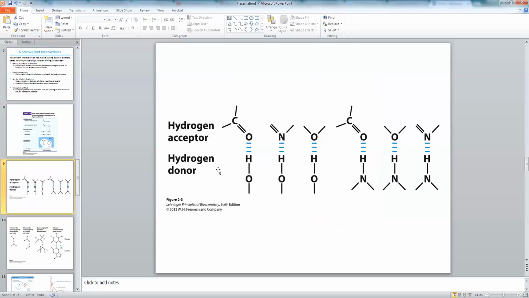And so here you can actually see several examples of both hydrogen acceptors, which is the lone pair on a more electronegative atom than hydrogen, and then our hydrogen donors. So it's pretty common to see oxygen and nitrogen as hydrogen acceptors. And it's not uncommon to see alcohol, this functional group that we see here, as the hydrogen donor.